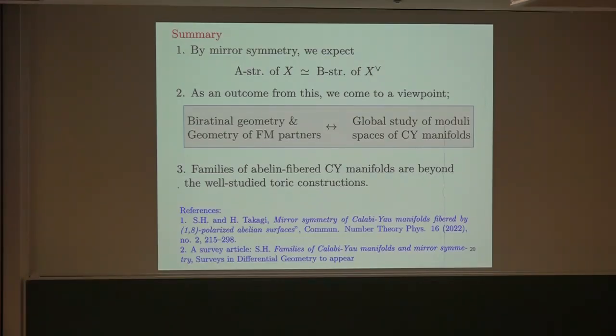I talked too much in detail, but this is a summary. I introduced the definition of mirror symmetry in very classical terminology: the A structure related to the Lefschetz theorem, and the B structure coming from the normal functions. So the isomorphism between them is mirror symmetry.